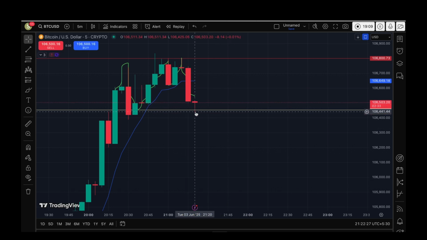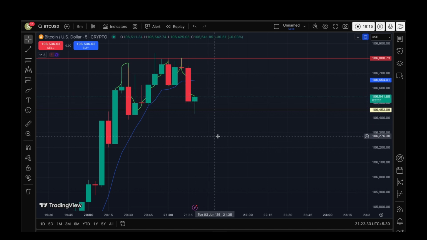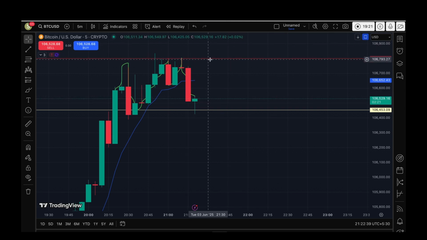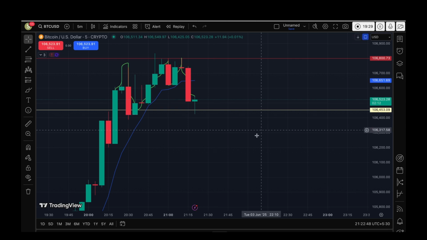If this candle turns green, let's buy here. Actually, our first target should be this, correct? And the SL should be here nearby actually. So let's wait for the candle.